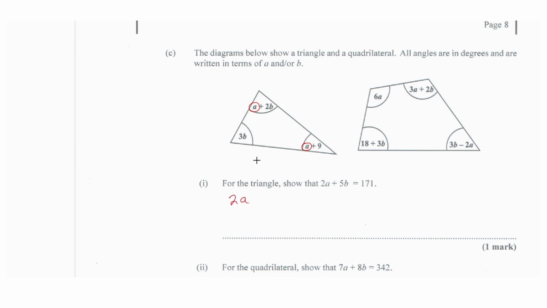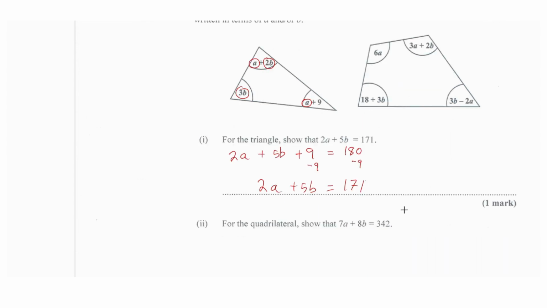These are like terms, so we add them. Then we have 3B plus 2B, that's 5B. 5B plus 9, and that should equal 180 degrees. So if we subtract 9 both sides here, we get 2A plus 5B equals 171 as required.